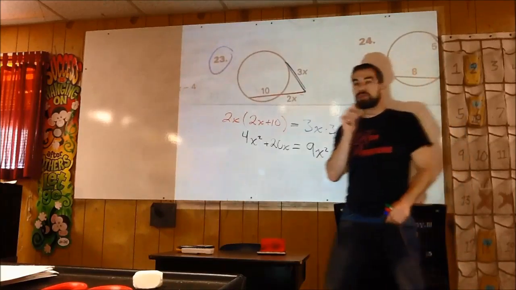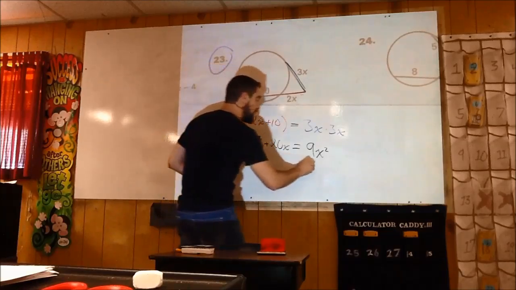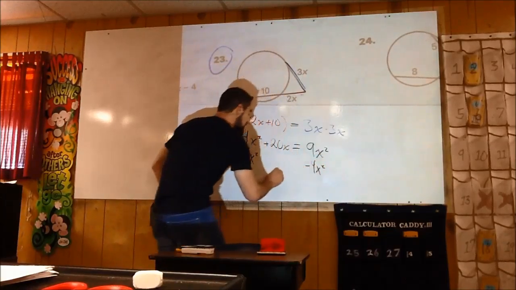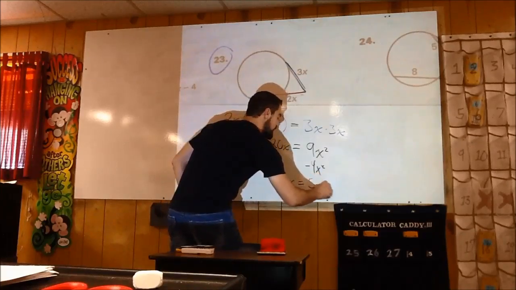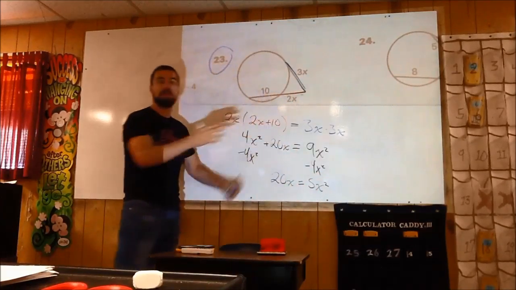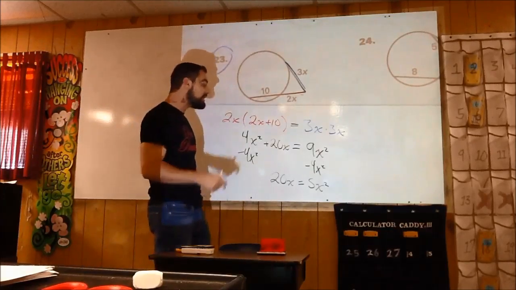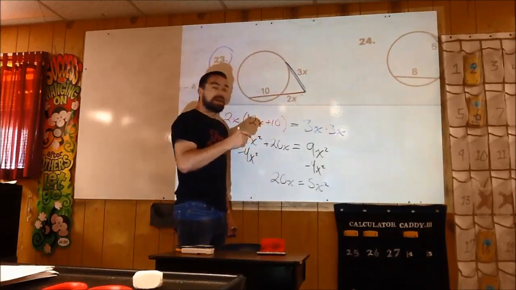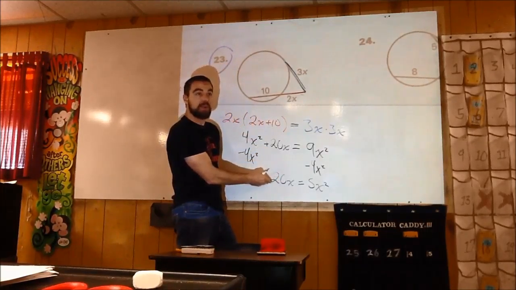So maybe those of you who saw that, you subtracted 4x squared from both sides of the equation and got that 20x is equal to 5x squared, and you continued solving it that way. And that's fine, but you have to realize that the value 0 satisfies this equation.